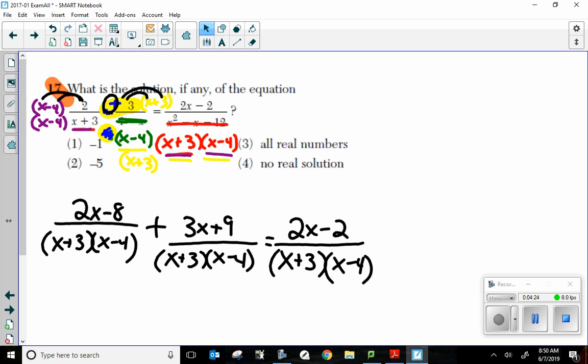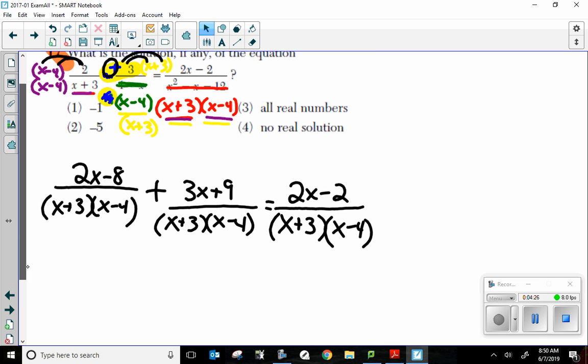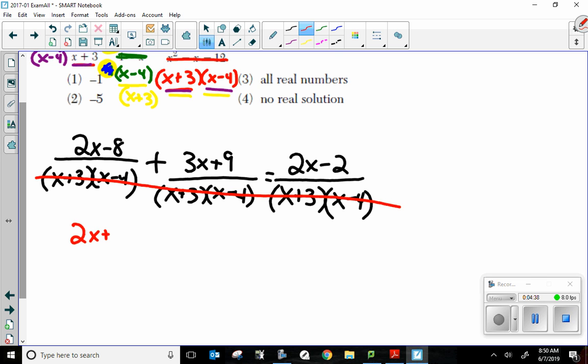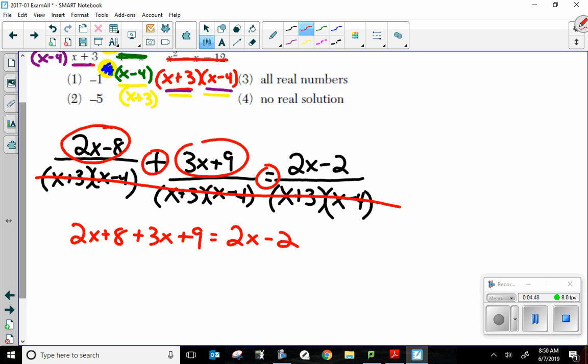The beautiful thing we can do now that all of our fractions have the same denominators, cross them out. So I'm just going to rewrite what I have here. I have 2x plus 8 plus 3x plus 9 equals 2x minus 2.